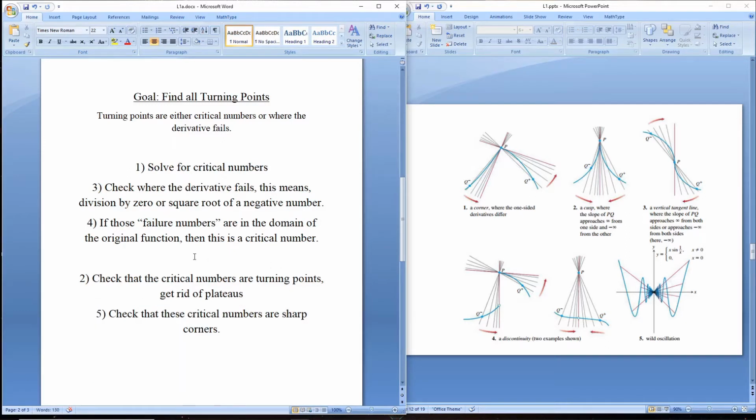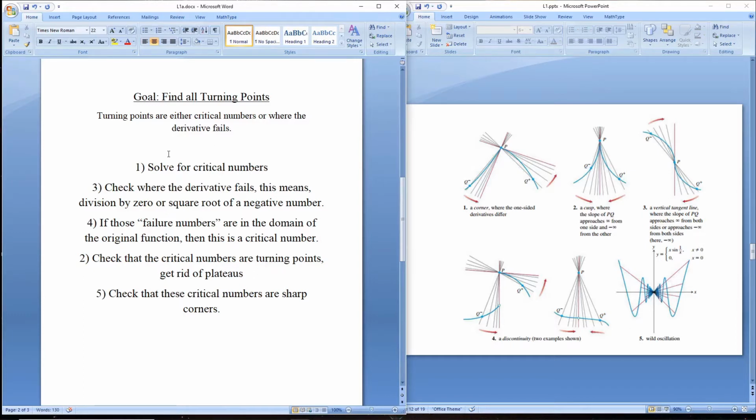So doing the math work, we'll get the critical numbers, and then we will check where the derivative fails. And then we'll check those failures to see if they're in the function. We'll then check the critical numbers to get rid of plateaus, and we'll then check the critical numbers to see if they're sharp corners. So this tends to be the order that the math work is done in.